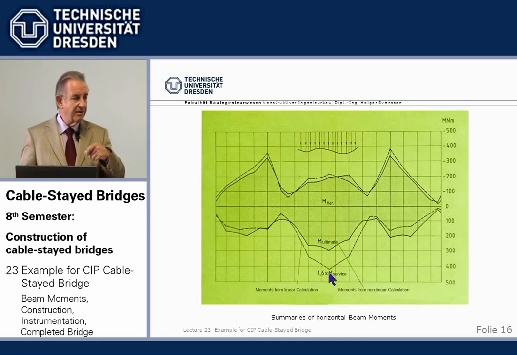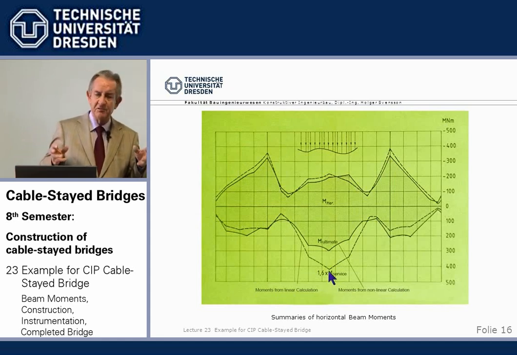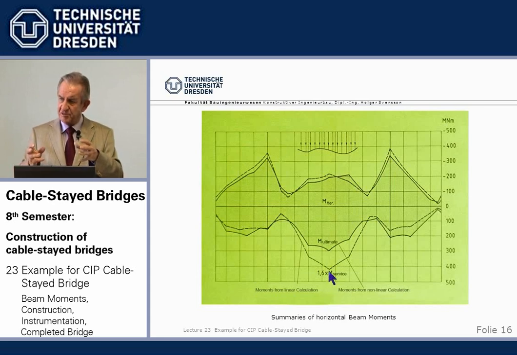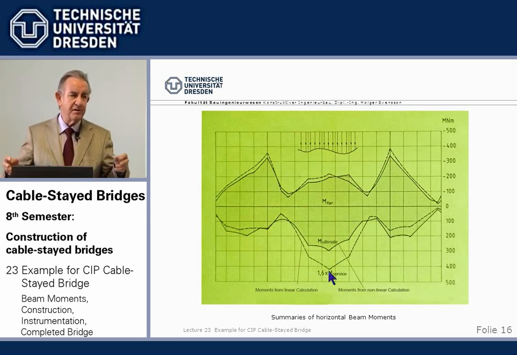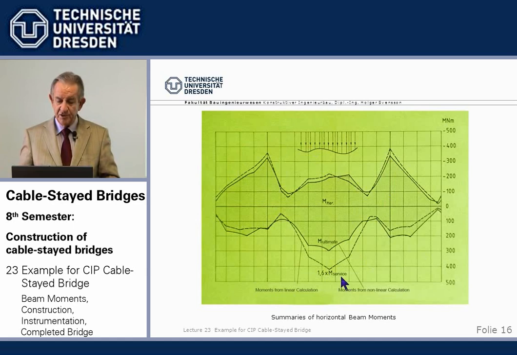Why? Well, basically, the reason is because we have a cracked beam. We've taken that into account at the ultimate stage. Cracking doesn't occur at service. With cracked concrete, that becomes weaker. We have a redistribution of moments from the center to the towers. So the nonlinear effects can have a reduction as a result.